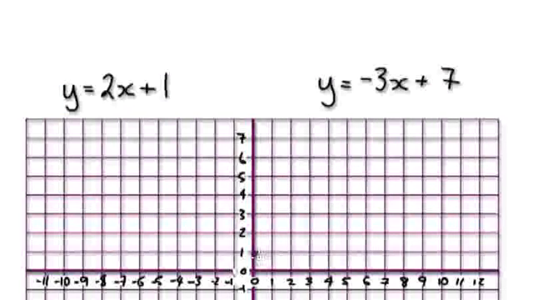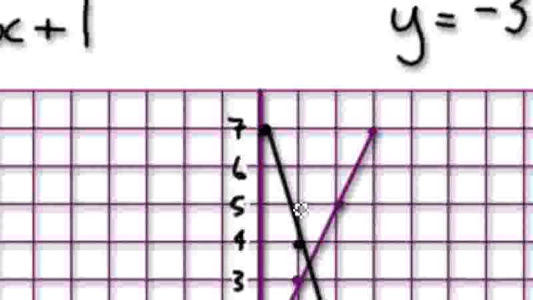So we've got a line looking like this. Let me just quickly redraw this, and this line here is 7, and then 3, 3. So it looks something like this. Okay. Now we want to know exactly where the two lines cross.